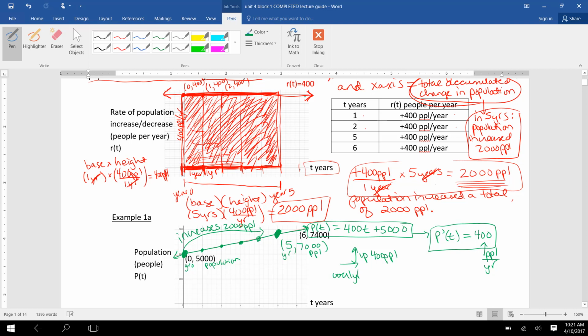When we were given the rate function, the derivative of P of t, P prime of t equals 400, we found the area between the rate function and the x-axis was a 2,000 people increase. So again, the area between the rate function and the x-axis is telling us how much the original population function increased overall on that time span.